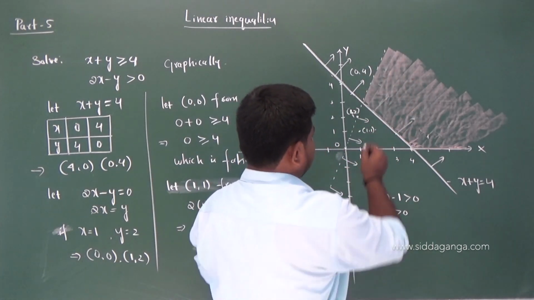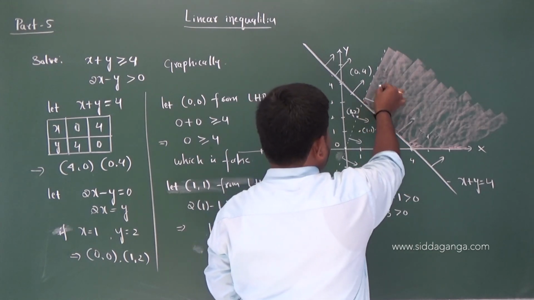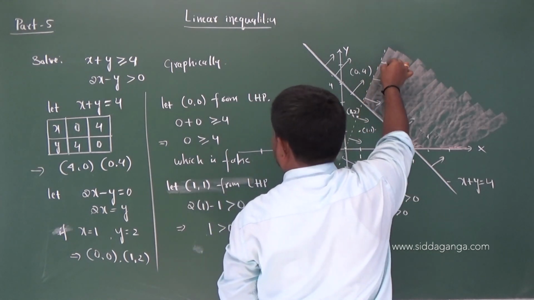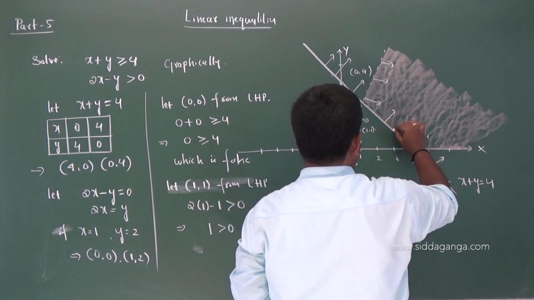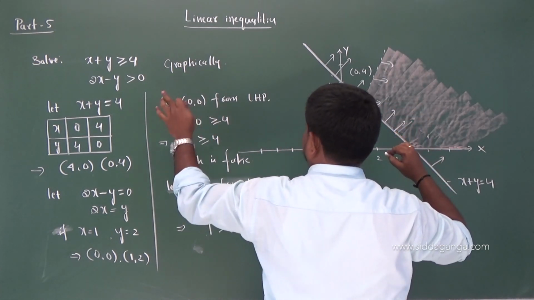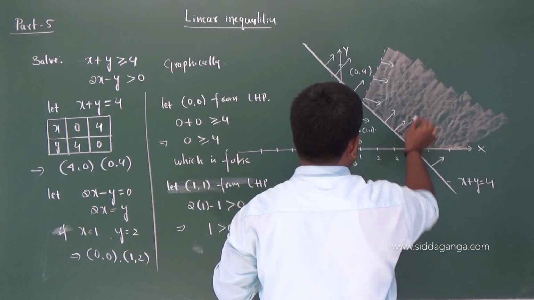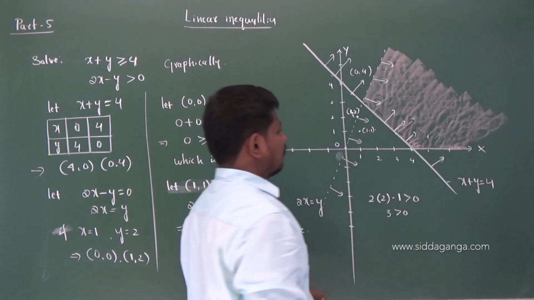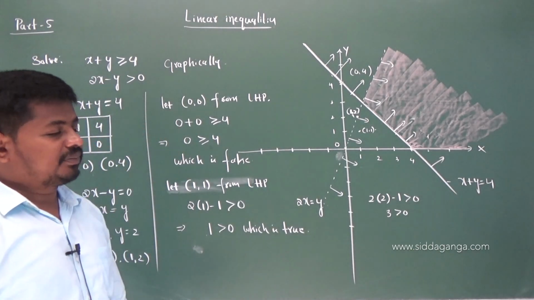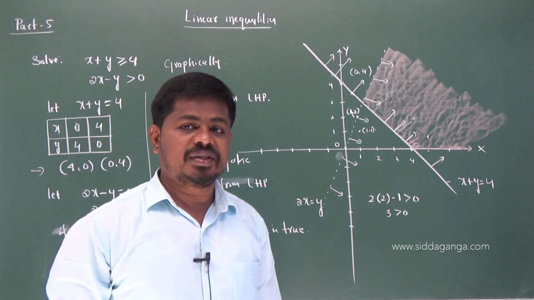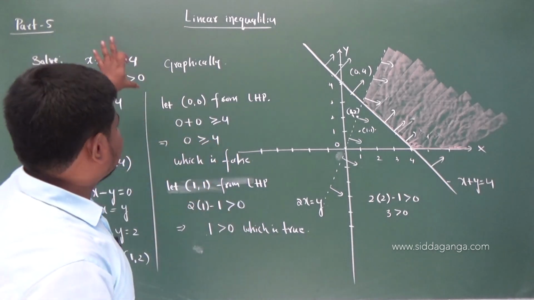Hence, this is the solution region for 2x minus y is greater than 0, and this is the solution for x plus y is greater than or equal to 4, and hence this becomes a common region. The shaded portion becomes the common region for both the inequalities. Hence that becomes the solution region for this system of inequalities.